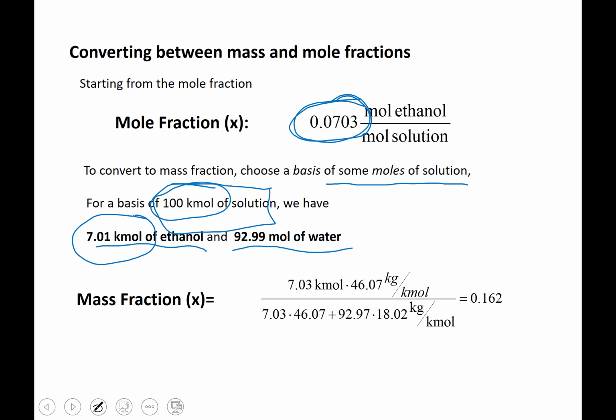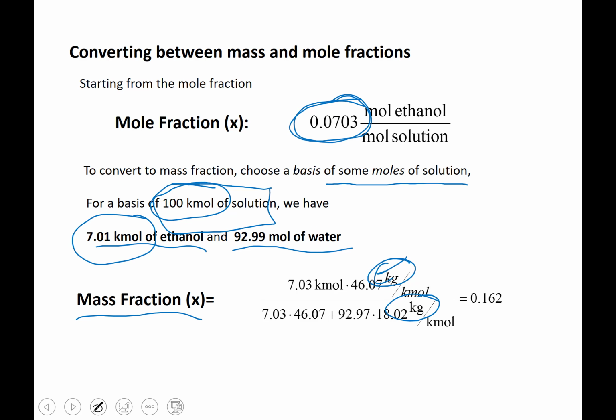Then we calculate the mass fraction. This time, instead of dividing by the molecular weight, we multiply by the molecular weight. You don't, strictly speaking, have to memorize this process, because here you're going to end up with kilograms divided by kilograms, because the kilogram moles cancel out in the numerator and in the denominator.